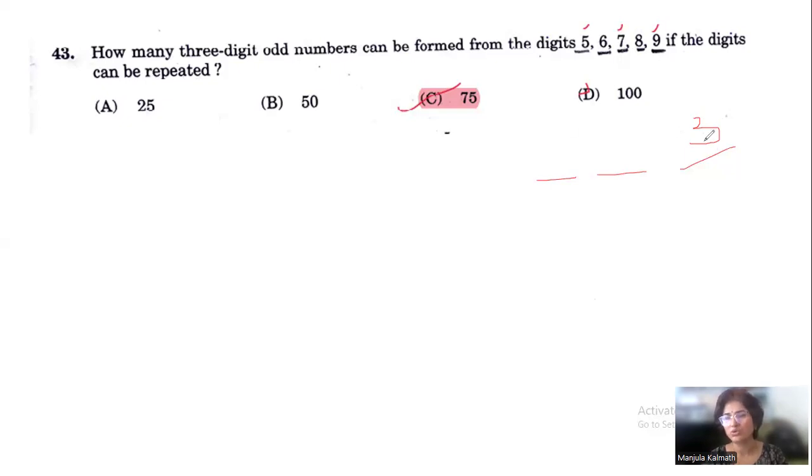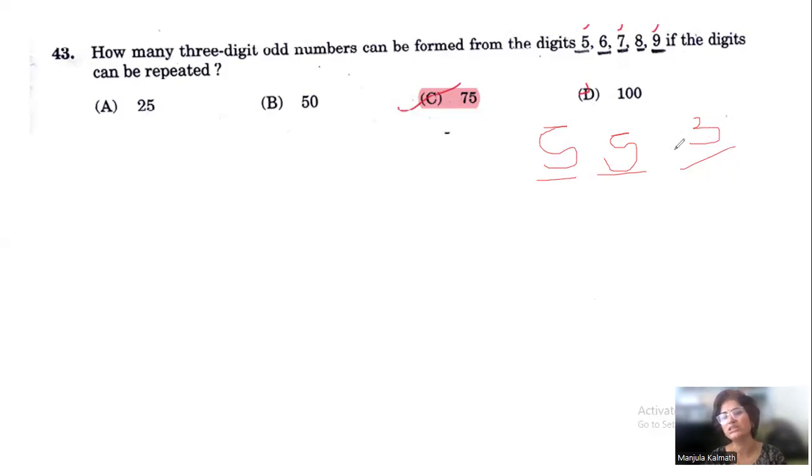So among these 5 digits, any digit I can take in this position. So how many digits are allowed in this position? 5 digits are allowed. And again in this position, I may go for any one of the 5 digits. Here 5 possibilities, but the last digit will be 3 because it is only the odd number; 5, 7 and 9 are required here.